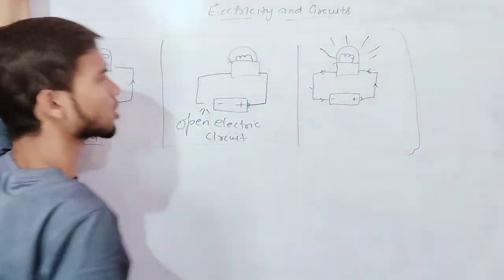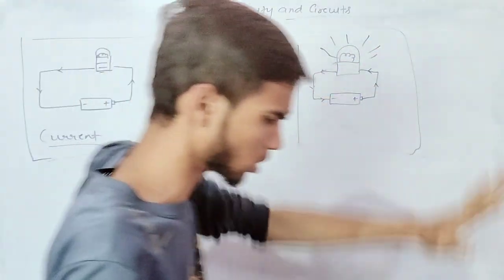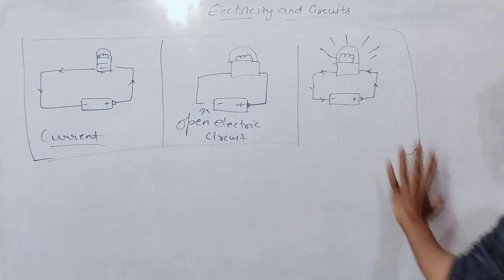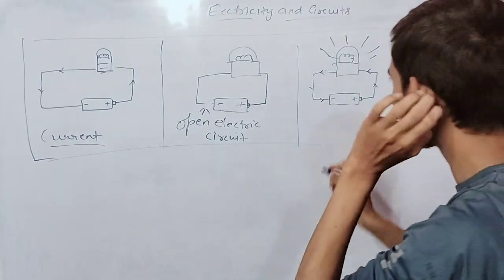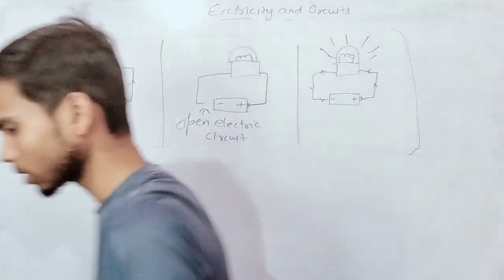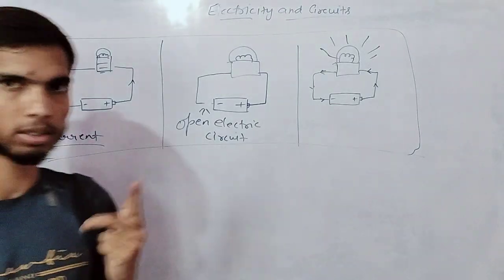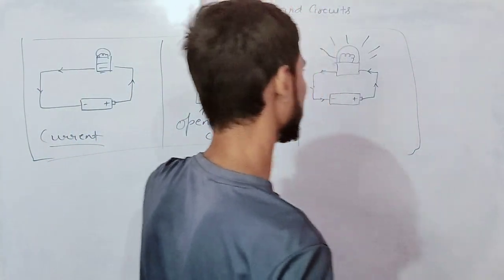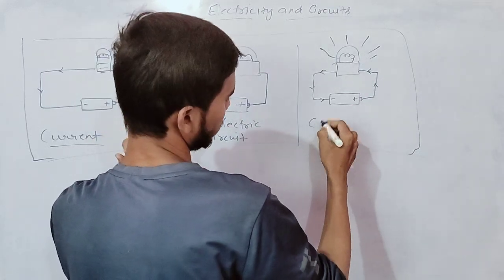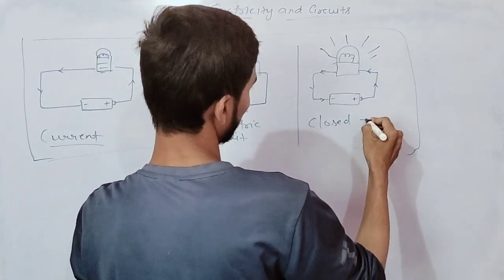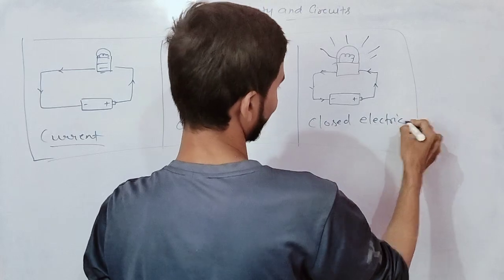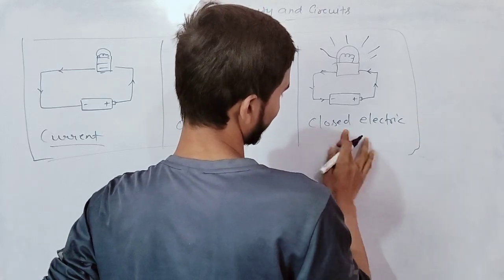Of course, yes, because the circuit is complete. It is a closed circuit, so the bulb will glow. If there is a complete circuit, this is not an open circuit. Can we say like that this circuit will be known as a closed electric circuit?